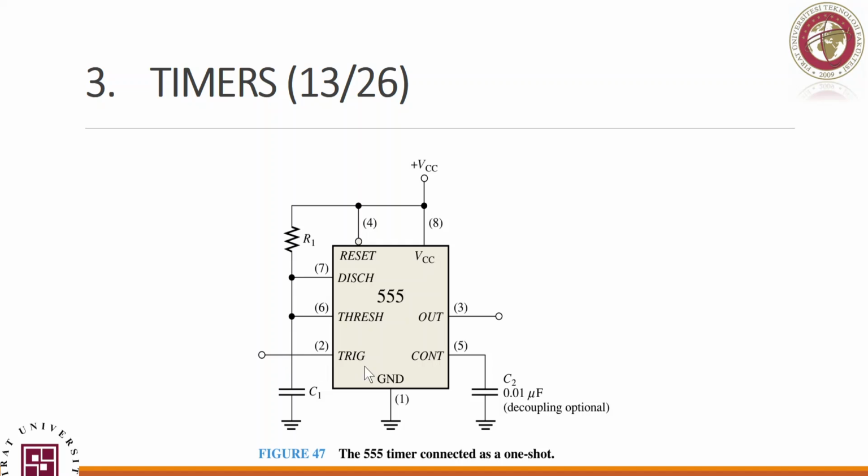If we trigger this chip, the output will go high, and this internal transistor will go off. Off means, initially I was connecting C1 directly to ground, which means I'm connecting C1 to 0. Ground means 0. That means it will not keep any charge.